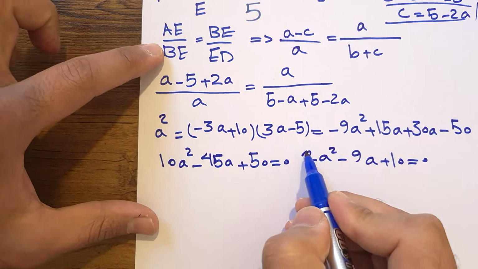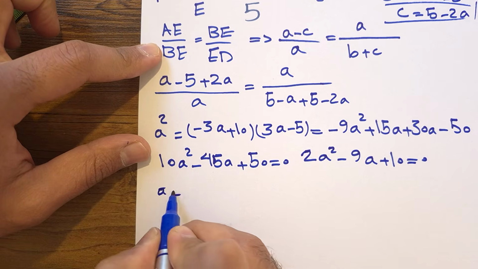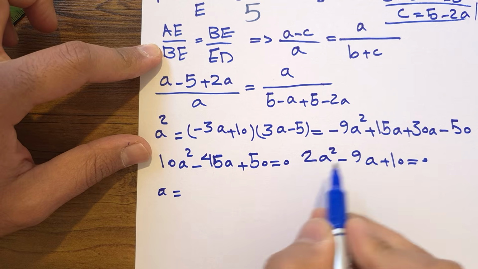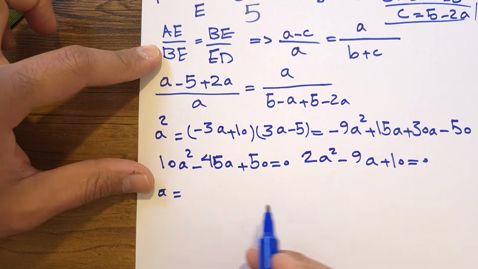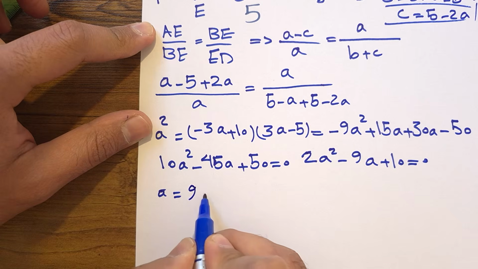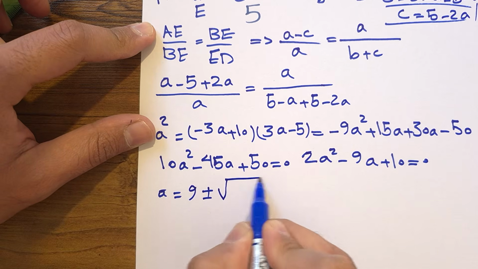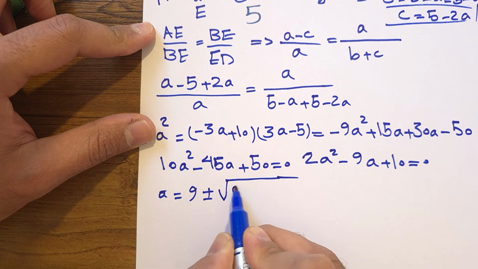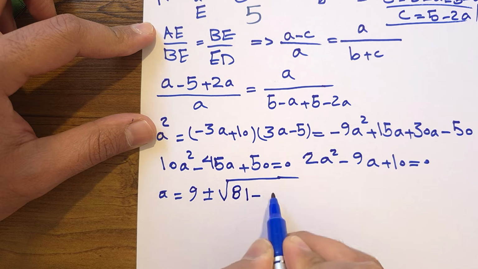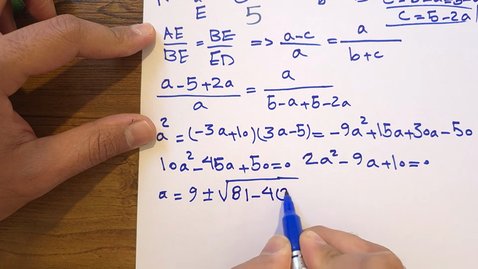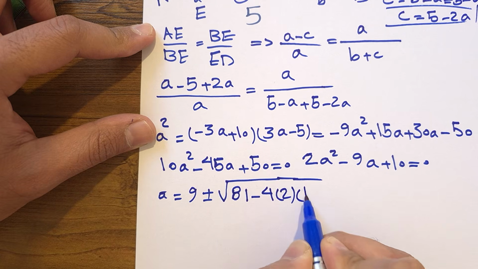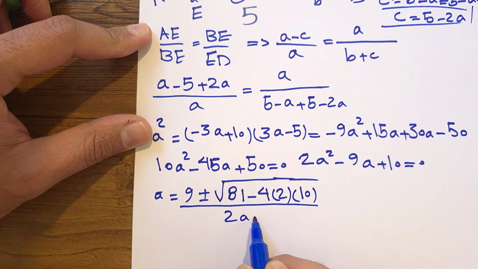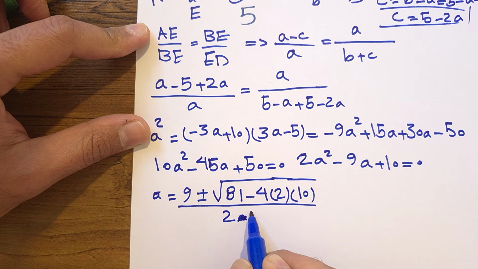So based on this famous quadratic formula, X equals minus B. So this is A, B, C, but just don't confuse it with this variable here. So X equals minus B, which is 9, plus minus the square root of delta, or the discriminant, which is B squared, or minus 9 squared, minus 4 times A, which is 2, and C is 10, over 2A, which is 2 times 2.